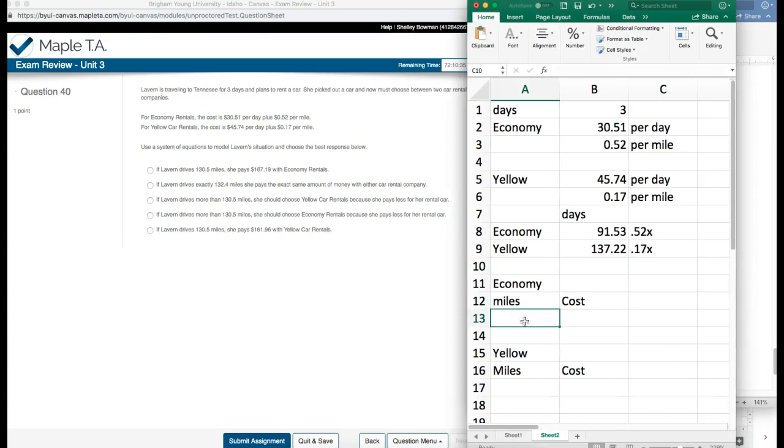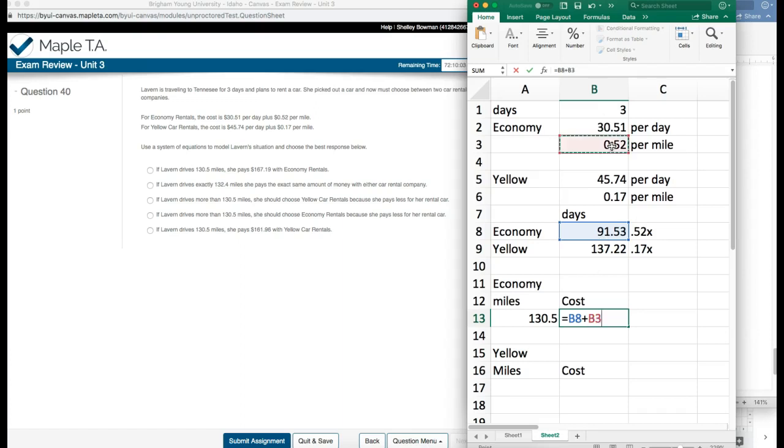So over here, miles, let's see, it gives us some options. If Laverne drives 130.5 miles, she pays $167.19 with economy rentals. Well, let's see. So miles, we have 130.5. The cost here is calculated by what we pay for the 3 days, and add 52 cents per mile.